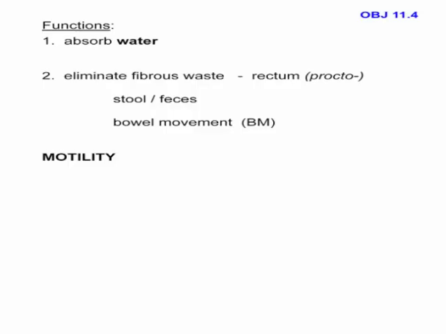The large intestine has two functions. Number one, to reabsorb water, and number two, to eliminate our fibrous waste through the rectum and out the anus. Note the root term here, procto, for rectum.